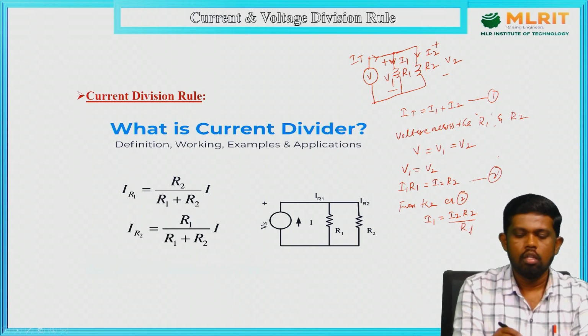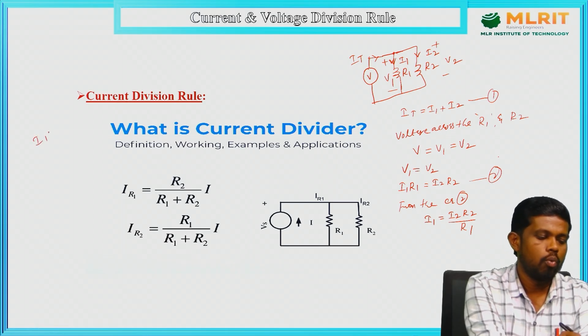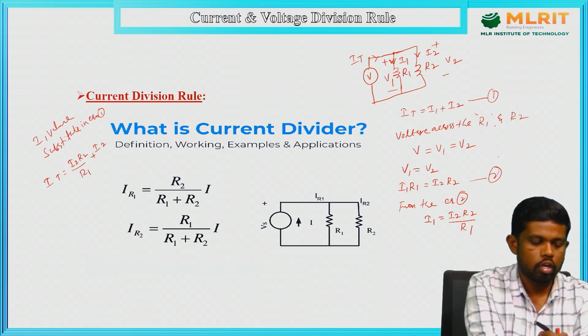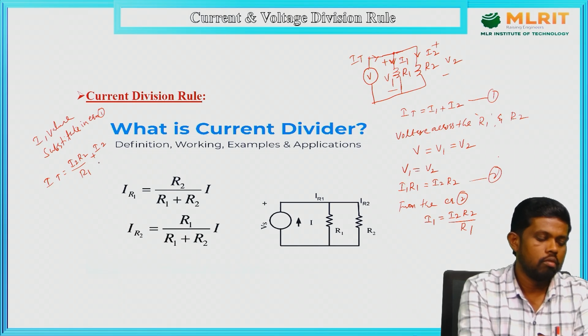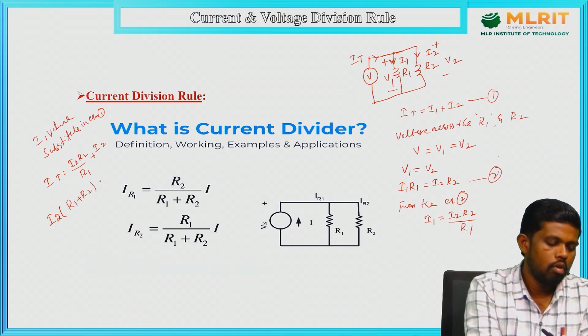Substituting this I1 value in equation number 1, we get I total equals I2 R2 upon R1 plus I2. Moving this to the left side, we get I2 times (R1 plus R2) equals I total into R1.